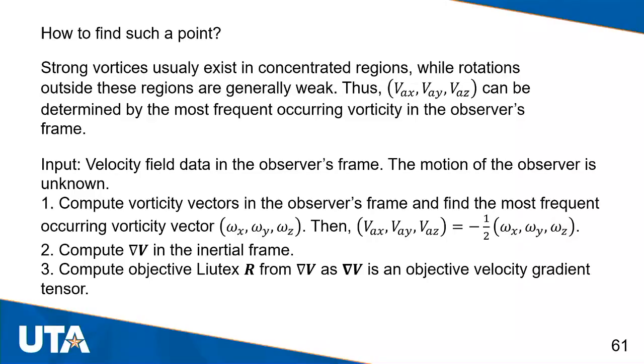Then we apply the theorem we talked about before, and we can find Vax, Vay, and Vaz, and use them to find the velocity gradient in the inertial frame. From this inertial velocity gradient, we can calculate the Liutex. The Liutex calculated from this velocity gradient is the Liutex in the inertial frame, right? So we got the objective Liutex result.